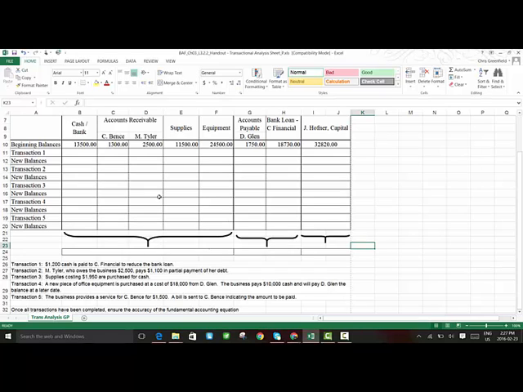So going back to our accounting equation, we should make sure that the total of our assets equals the total of our liabilities plus our owner's equity.